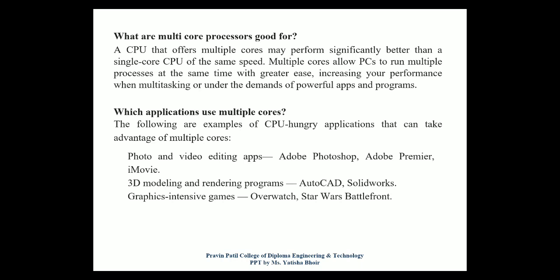Which applications use multiple cores? There are different applications which use multiple cores. The following are examples of CPU hungry applications that can take advantage of multiple cores. CPU hungry applications means what?